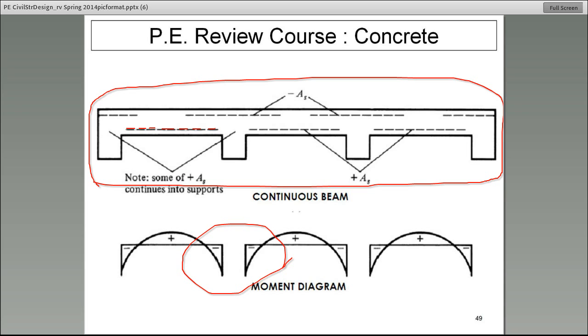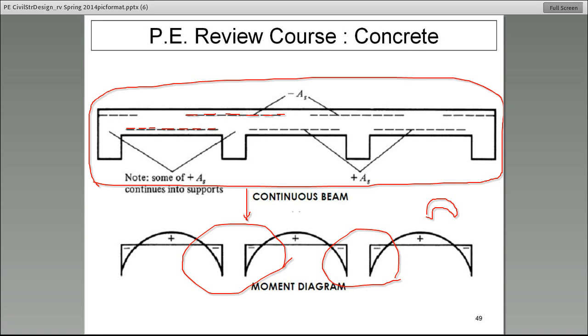Negative moments cause the beam to deflect like this. All right? Which means tension on top. So, wherever the beam is exposed to negative moments, tension occurs on the top. So that's why you have reinforcing bars where the tension happens, when the moment is negative.